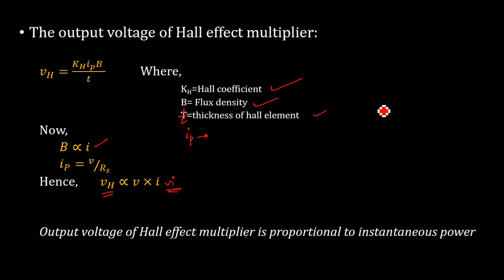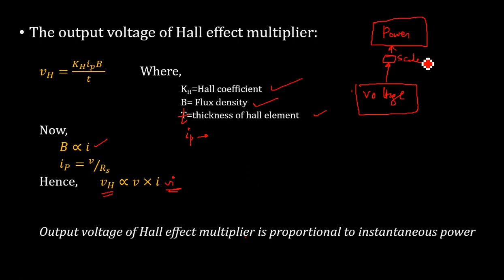So you get the values in terms of voltage, you scale this voltage with some factor, and ultimately you get the power. Your voltage can be scaled and represented in terms of power.